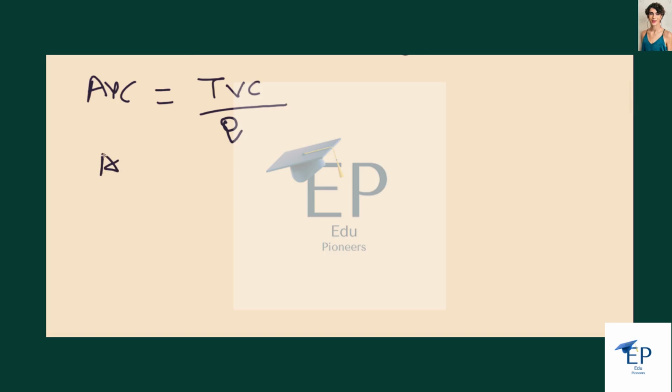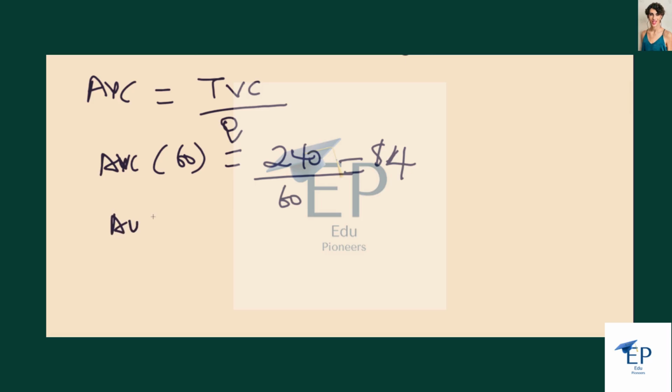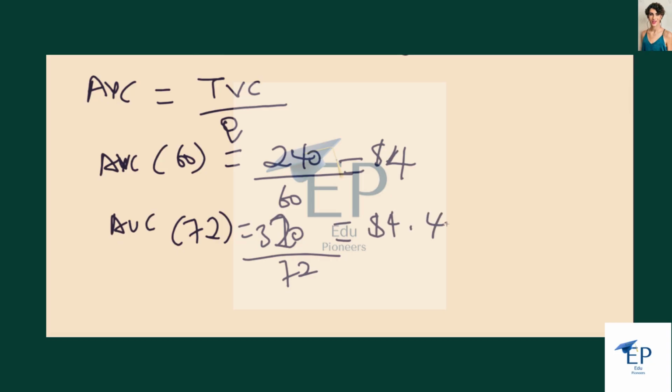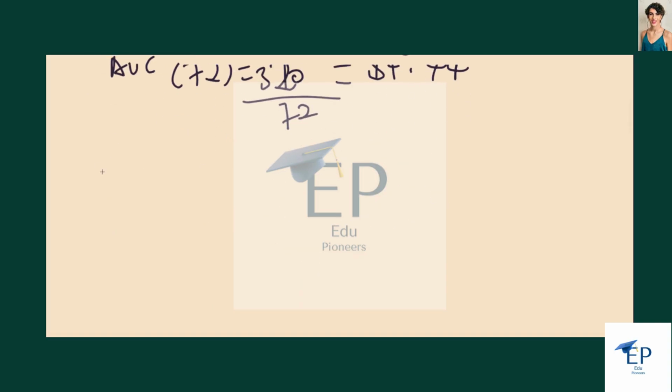So the average variable cost of 60 haircuts is 240 divided by 60, and that equals $4. And the average variable cost for 72 haircuts is 320 divided by 72, and that's 4.44. So that's that.